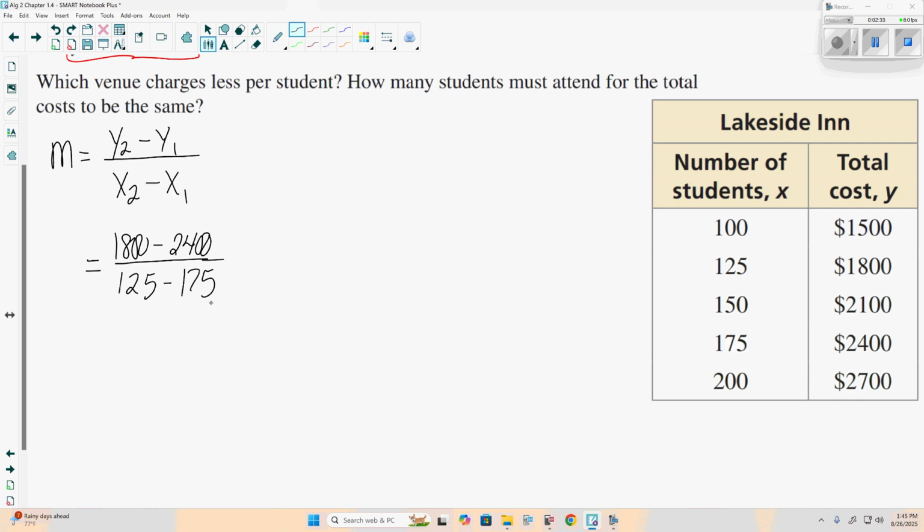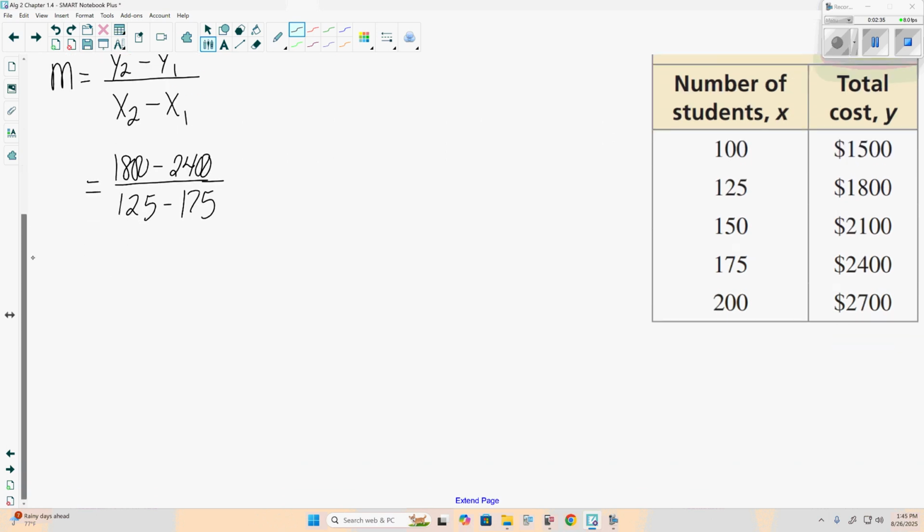Now all we have to do is simplify. So if we subtract 1800 and 2400, we would have negative 600. Negative, or 125 minus 175 is going to be negative 50. Now our negative 600 divided by negative 50, well, the negative and negative would indeed make a positive.